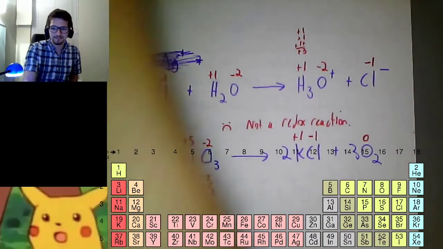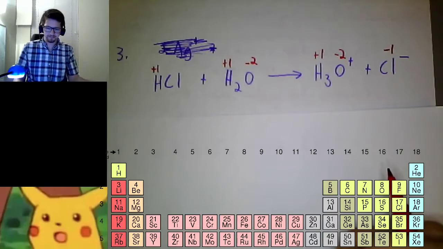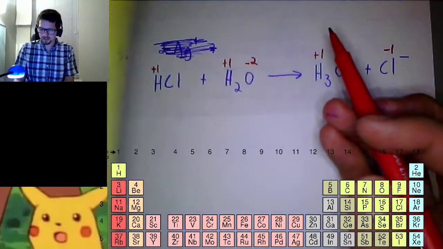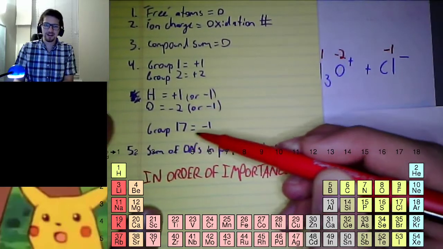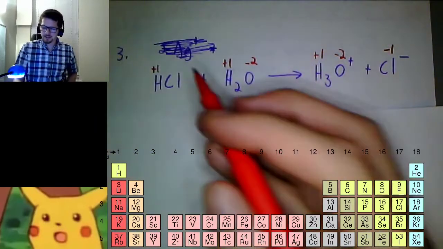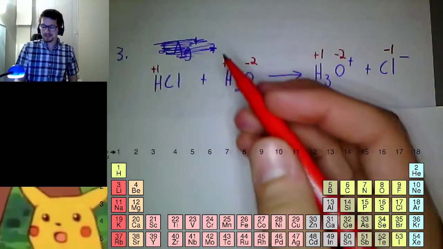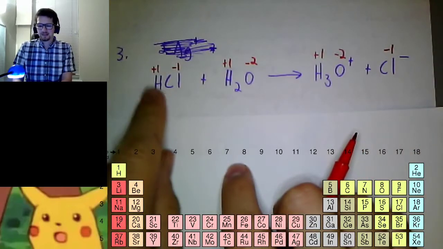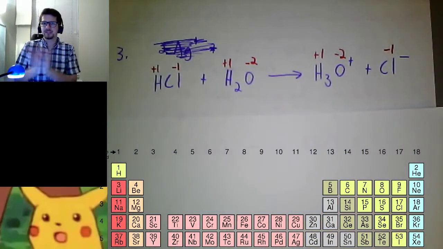Let's continue. Cool. And now we got to deal with this chlorine. Where are we going to find this chlorine? Groups all the way at the bottom. Group 17 is minus 1. Does minus 1 balance out with plus 1? Yes, it does. All right, so I have a plus 1 and a minus 1. 0. That fulfills my rule number 3.